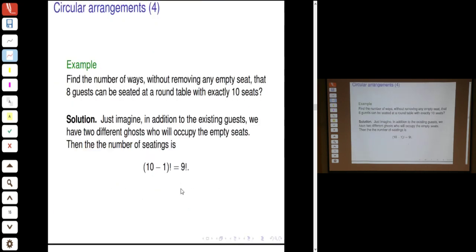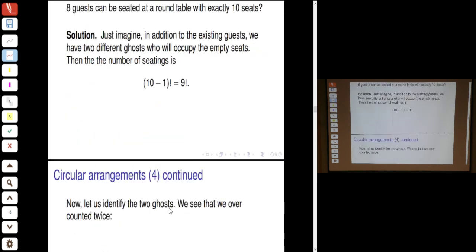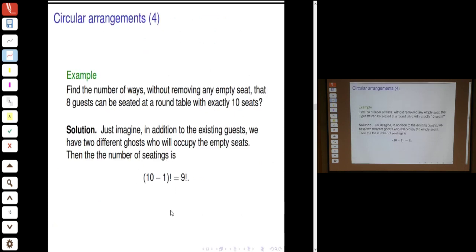Okay. So the next example is the following. In the previous one, first we considered the number of ways of seating 10 guests at the table.